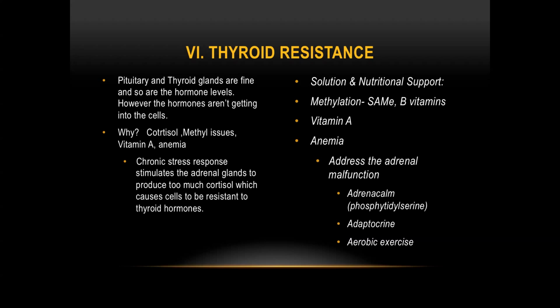Symptoms of hypothyroidism show up. We'll have elevated levels of cortisol in response to stress, causing the cells to become resistant to thyroid hormones. Other causes include high homocysteine and a genetic predisposition to hypothyroidism, such as when the FOXE1 gene becomes expressed.